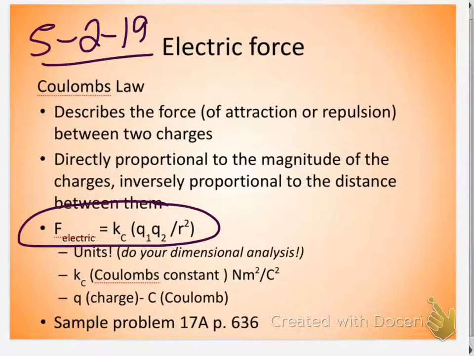So the force between the two charged objects, and at this level of physics we very often think about what we call point charges, like a single molecule with a charge.